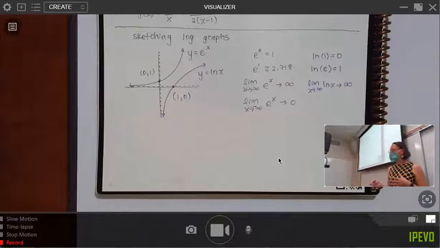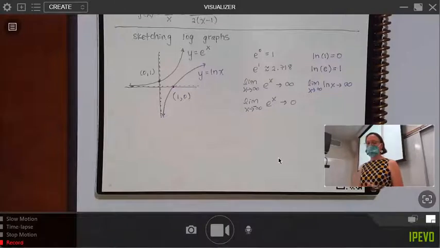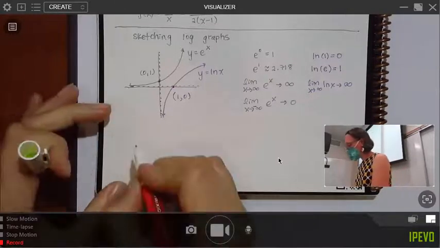Now, our natural log graph, we can only take the natural log of a positive number. The reason that's happening is if we think about that relationship between our log and our exponential statement.